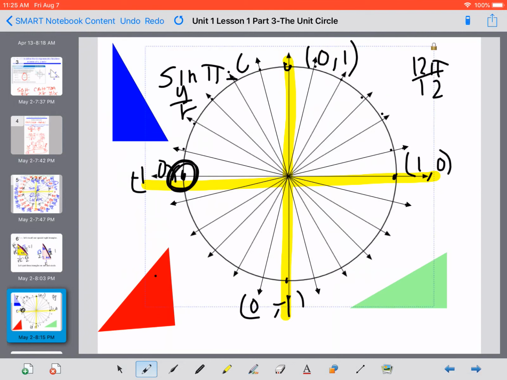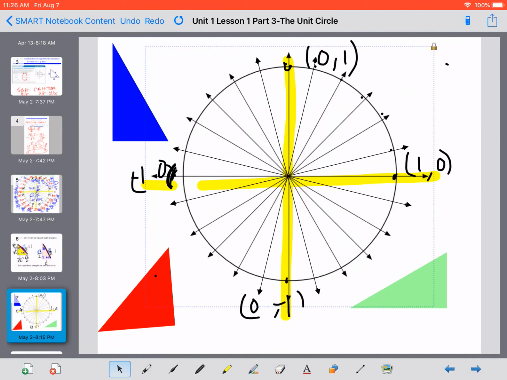And the y-coordinate there is 0. The radius is 1, so I know the sine of pi is 0. I just gave you that as just an example of where we're headed. If you're like, I didn't catch that, we're going to have plenty of opportunities for examples. But those are the coordinates of your quadrantal angles.